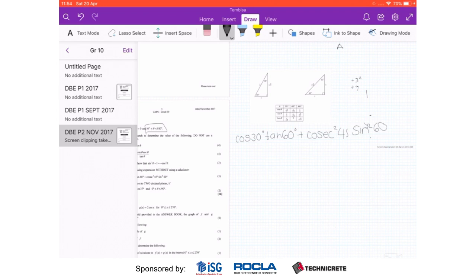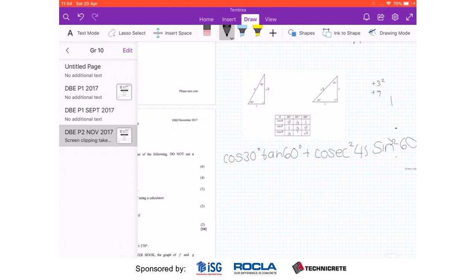Okay, so cos 30, you would look at your triangle. Cos 30 is going to be root 3 over 2. Tan 60 is going to be opposite over adjacent, so root 3 over 1.